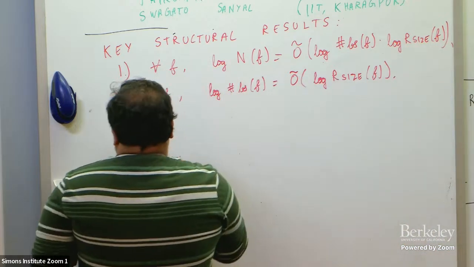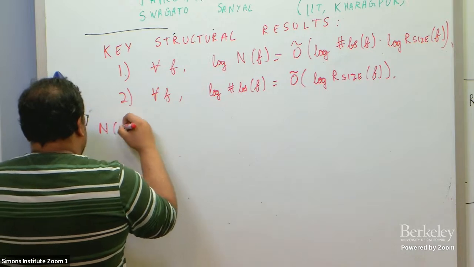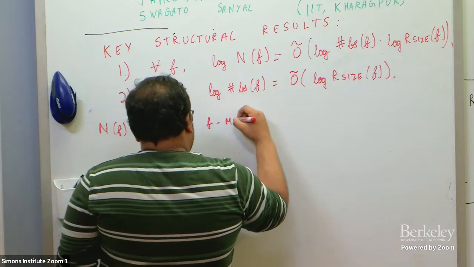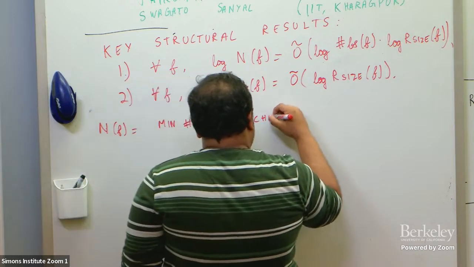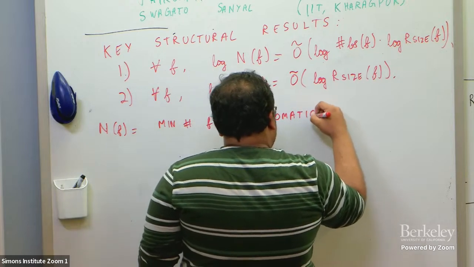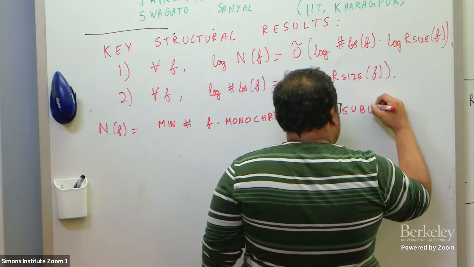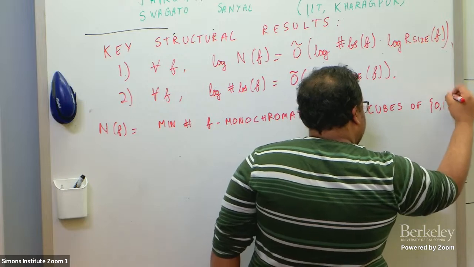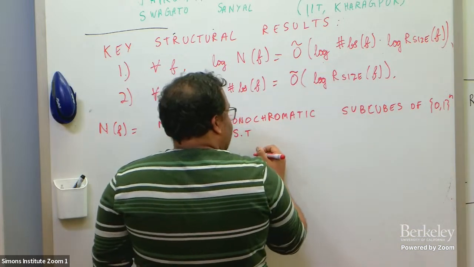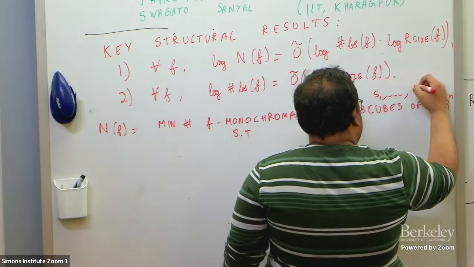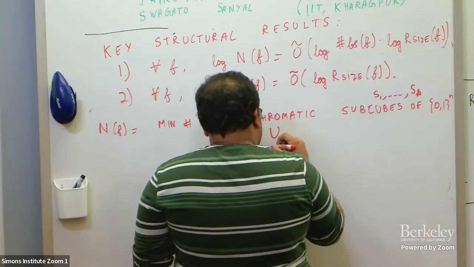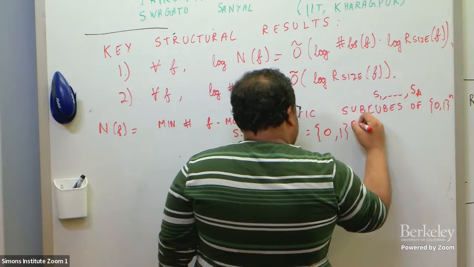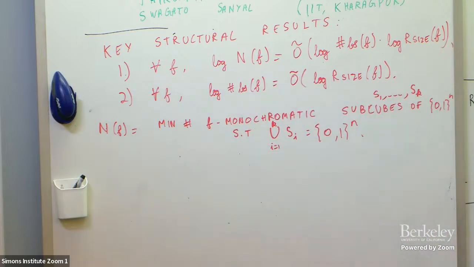Let me define N of F. What's an F-monochromatic subcube?